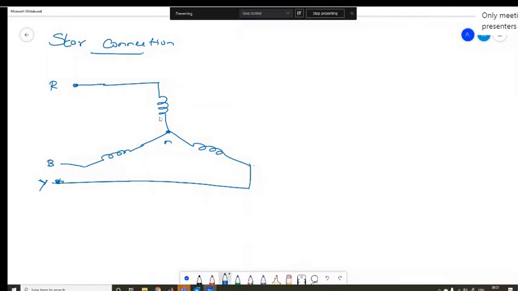Let's say this is the current INR that is flowing from N to R, and this is the current IR flowing here.